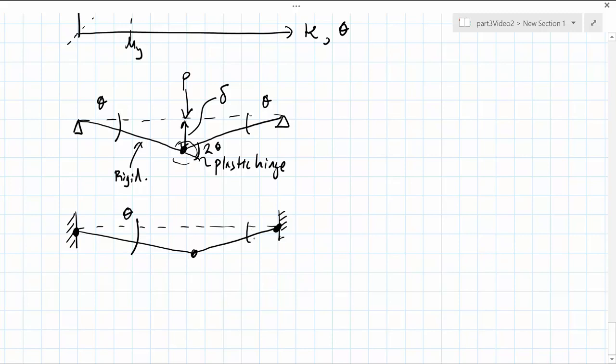Again, we have angles at each end. This time we're assuming they're different because the load is off center. And the deformations of the plastic hinge are given by theta plus alpha. The plastic hinges are, of course, located at the supports and in the center.